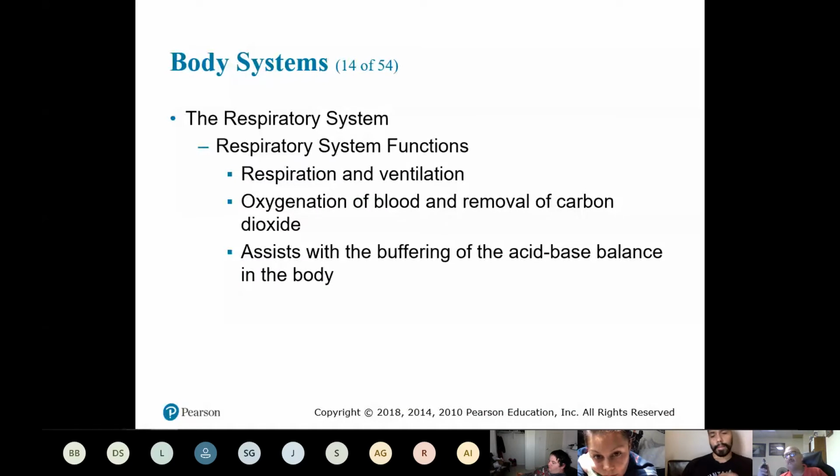It helps with the buffering of the acid-base balance within the body. And we'll talk more about that when we get to pathophysiology, chapter 8, which will be next week. So it helps get the oxygen in, get rid of the carbon dioxide, helps with acid-base balance.